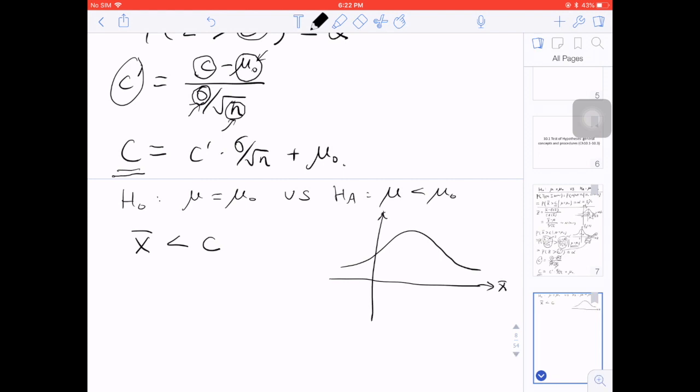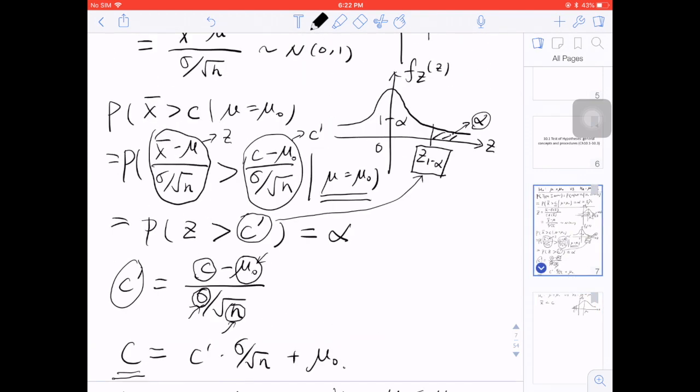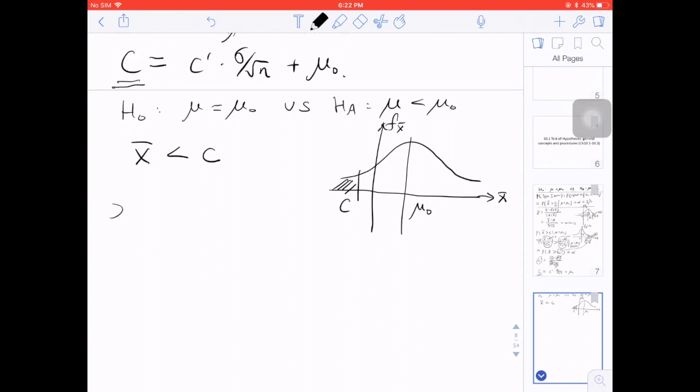So this is the curve of X bar, and this is mu 0, okay? And this is what you want. So you want to find the critical value C here, all right? But use the same strategy as before, all right? So your rejection region is, so this is alpha, right? So the probability that X bar is smaller than C, given the condition that mu is equal to mu 0, is equal to 5%.